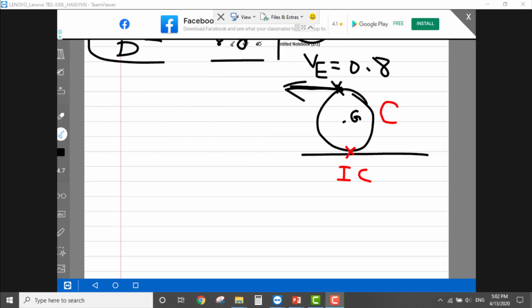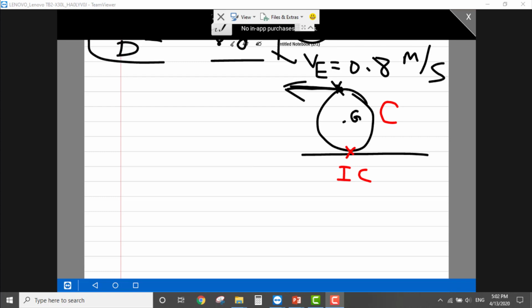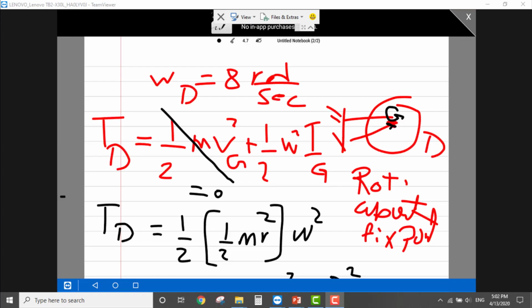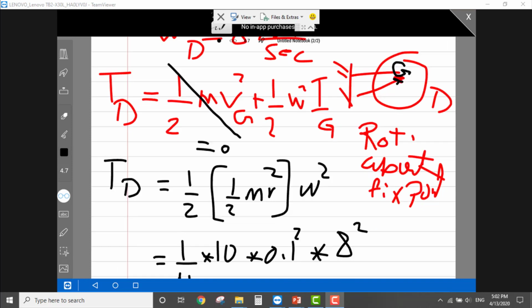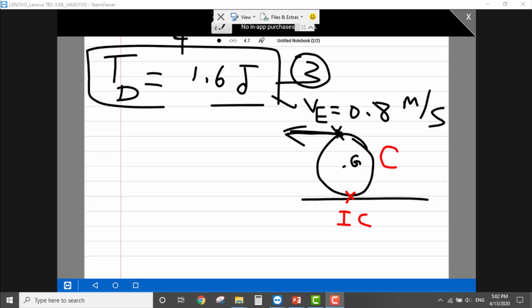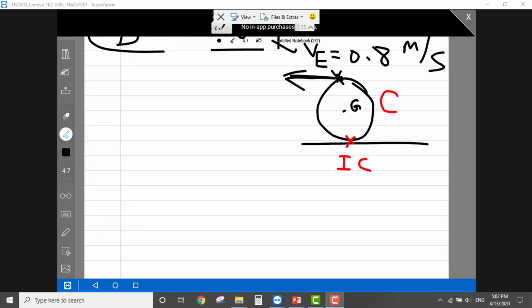So we get to know that the tangential velocity VA is known, which is 0.8 meter per second. Now from this information, and if we know that this cylinder rotates without slipping, then VE, using this relative equation, equals VIC.